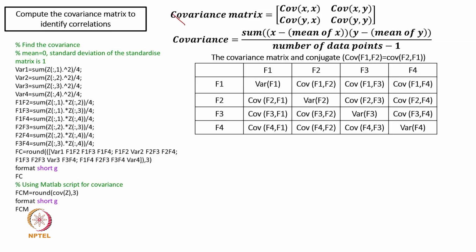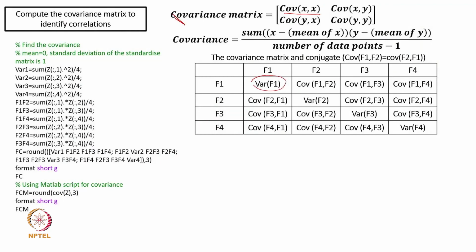Now, the next step is to find the covariance matrix, and the covariance matrix is, assuming 2D x, y, the first element will be the covariance of x and x, which may turn out to be the variation of parameter 1 or parameter 2 or parameter 3, and that is mentioned. Then another one is the covariation between x and y.